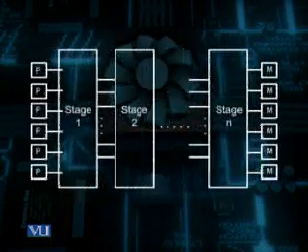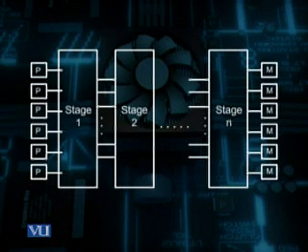Centralized multi-stage switch is shown here. Here you can see that this switch is built from a number of large switch boxes, and these switch boxes are placed at a number of stages to interconnect all the nodes.